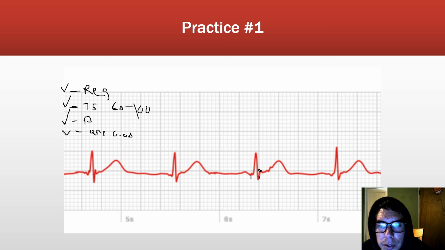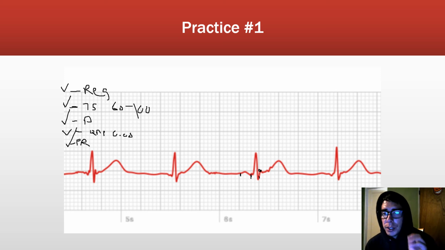So that is normal. Our PR interval, which is from right here to right there, is less than 1 large box, or 5 small boxes. So PR interval, check.